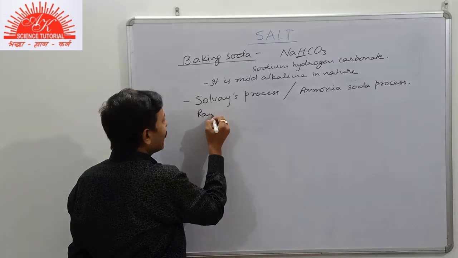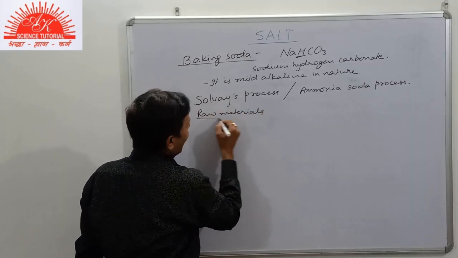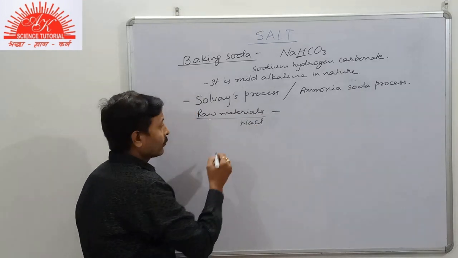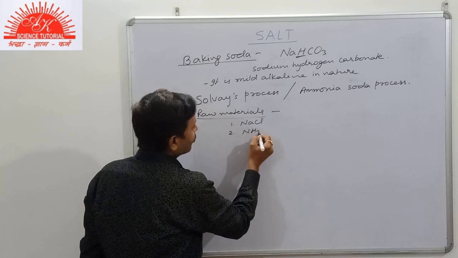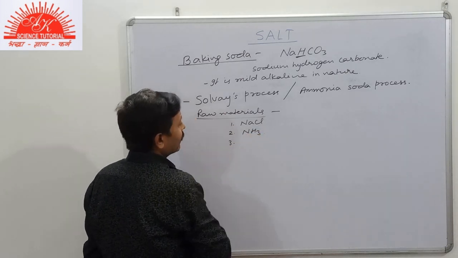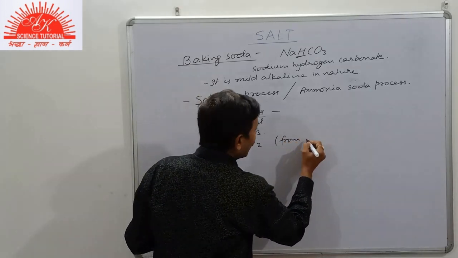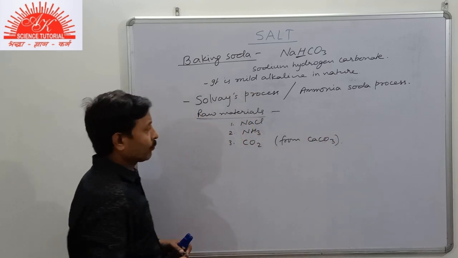The raw materials are NaCl, that is the common salt; second, ammonia; third, carbon dioxide, that will be from limestone, that is calcium carbonate.